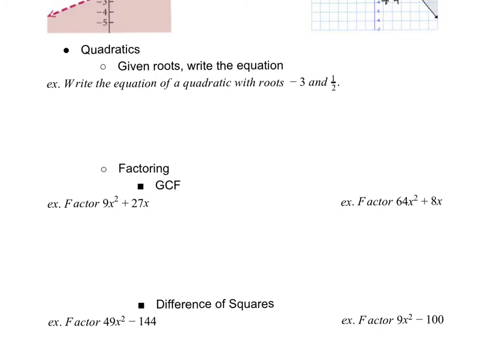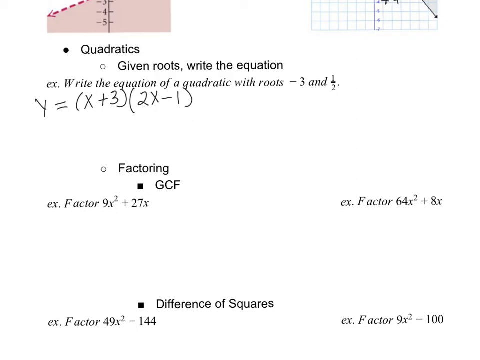So in order to have a root of -3, in parentheses, I have to have x plus 3, because when I set x plus 3 equal to 0, I get -3. And in order to have a root of 1/2, I have to have 2x minus 1 in the parentheses, because I would add 1 to both sides and then divide by 2.